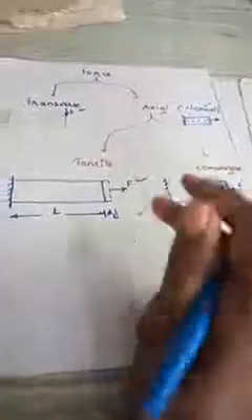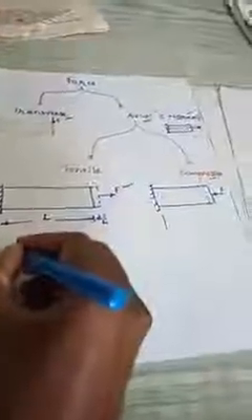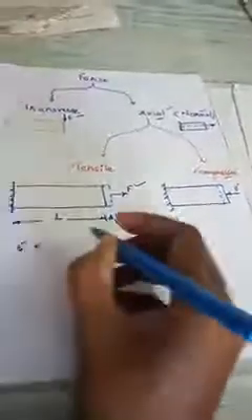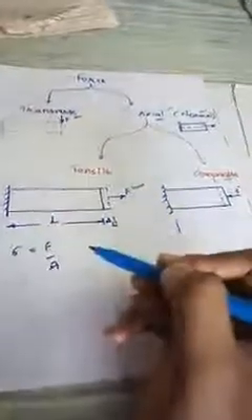Depending upon the type of force, whether it is tensile or compressive, we name the stresses accordingly. Stress is force divided by area. The important role in the formula of stress is played by the force.